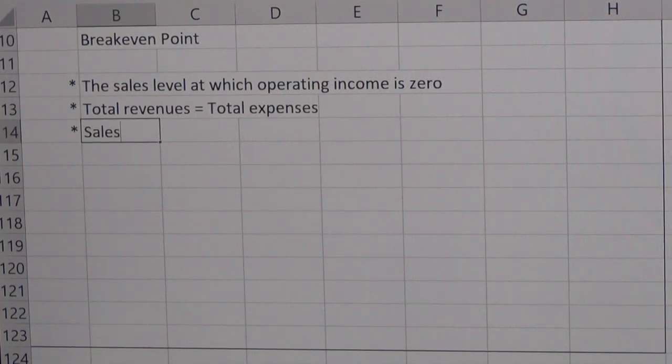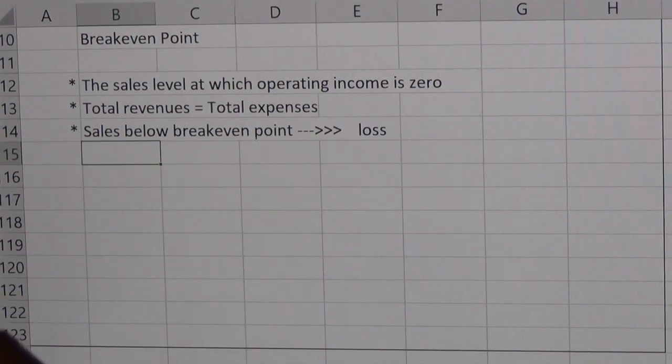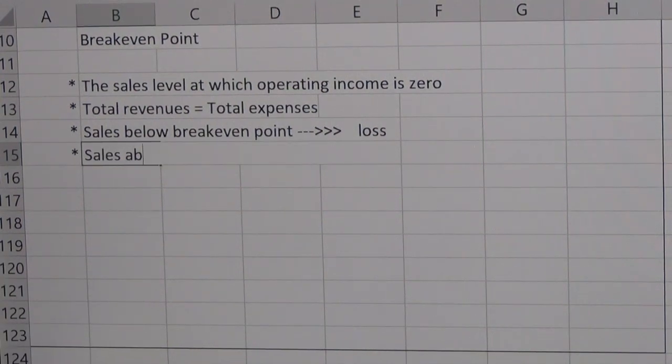If we have sales below the break even point, then we're going to get a loss. And remember, we're talking about sales in quantities. If we sell less than the break-even point in terms of units, we're going to end up with a loss. Any sales above the break-even point is going to result in a profit.